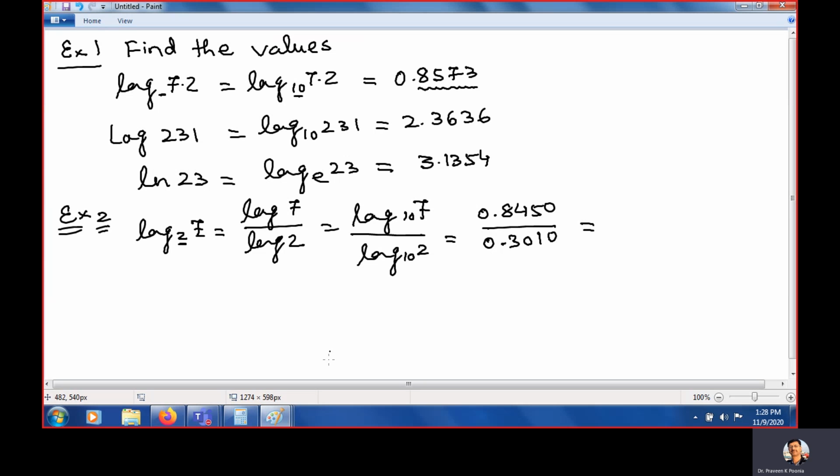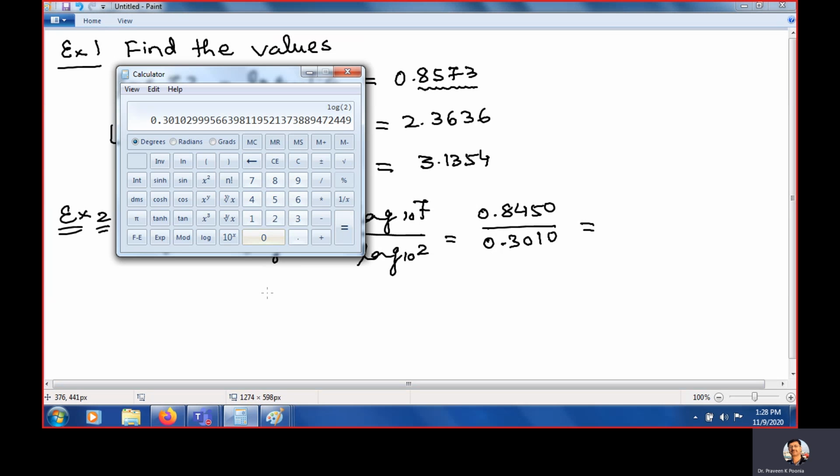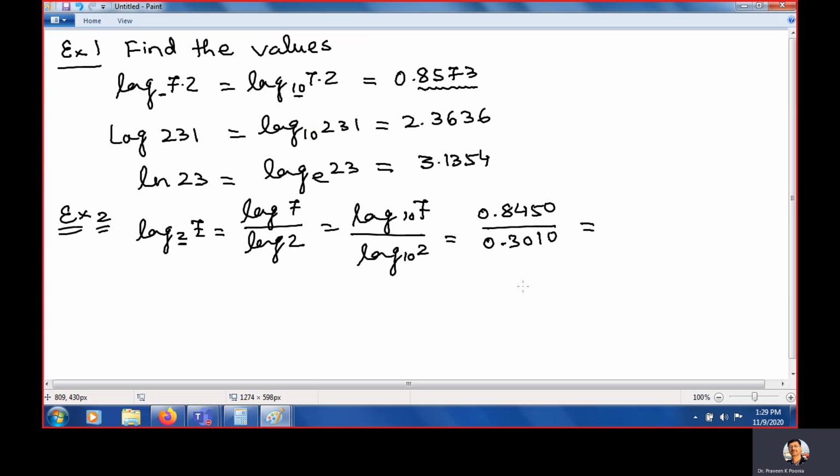Now divide it. It is 2.8073. So this is how we calculate the value in the case of base change.